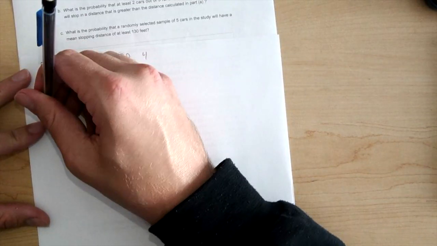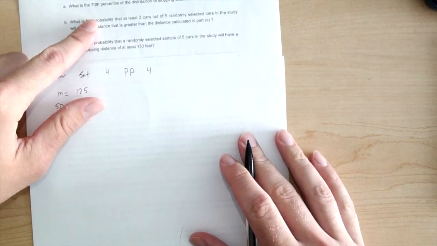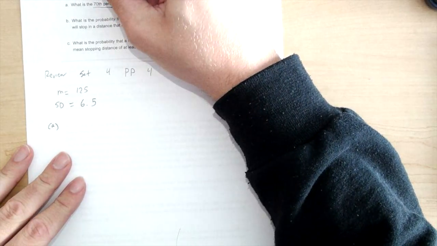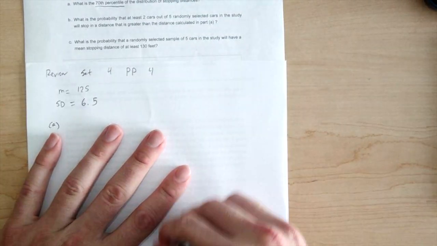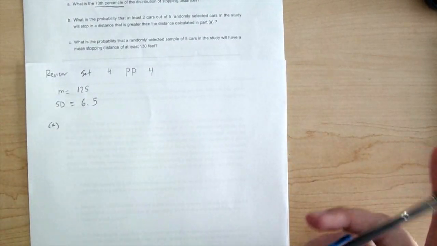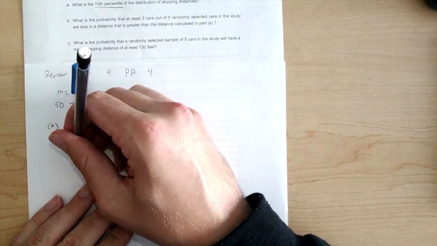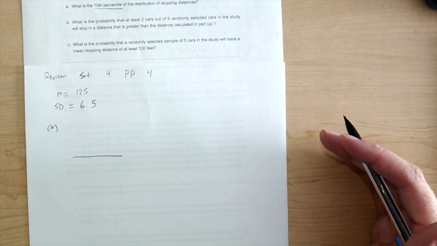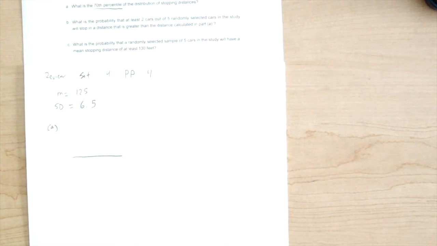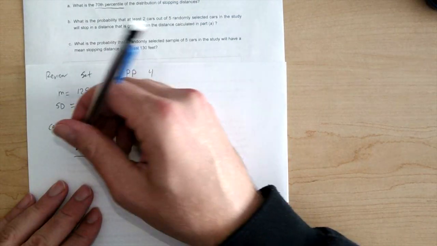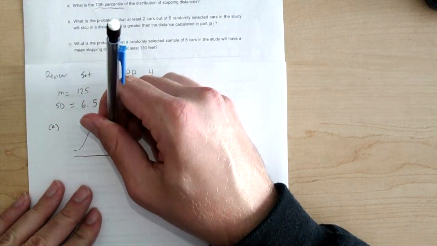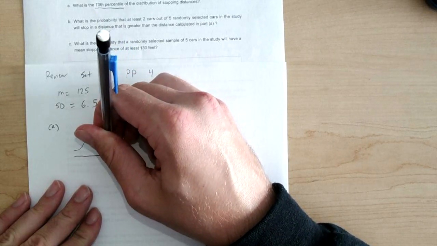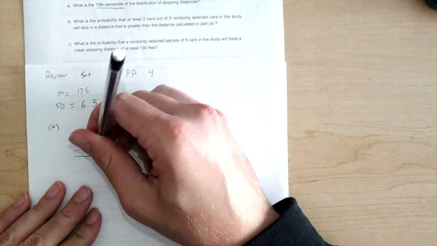So the first thing it says is what is the 70th percentile of the distribution? And that's wording that we haven't seen in this set yet, and this is the only time I saw it in one of these, but we did it back in the day. If you see percentile, that just means percent below a point. If it says the 70th percentile, just remember that means that you're better than 70% of people.